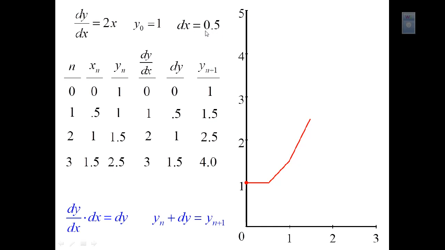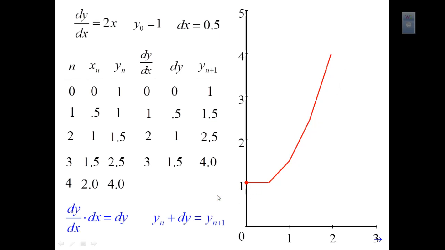Typically, they're just going to say use a dx of 0.5 or 0.1 or whatever, and that's what you use. So 1.5 plus 0.5 is going to give me an x value of 2. I just found my new y value of 4, so we're going to have the point 2, 4. All right, so we go over here and plot 2, 4, and draw our line segment.